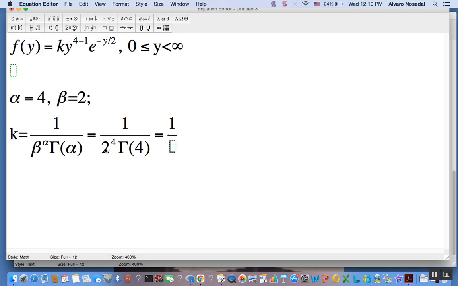That would be 2 to the power of 4, so that's 2 times 2, 4 times 2, 8 times 2, 16. And then we know that the property that we showed about gamma functions is that gamma at an integer n equals n minus 1 factorial, so it would be 3 factorial, and 3 factorial is just 3 times 2 times 1, so that's just 6.